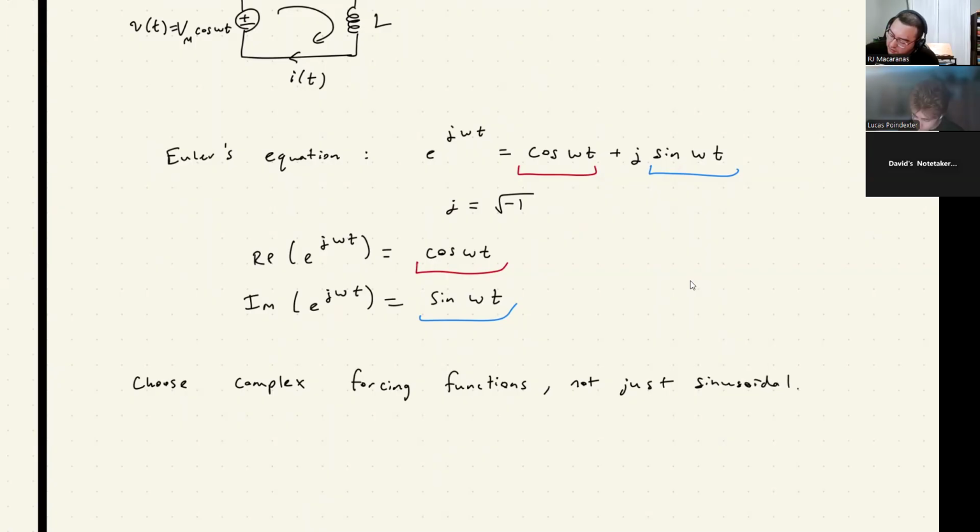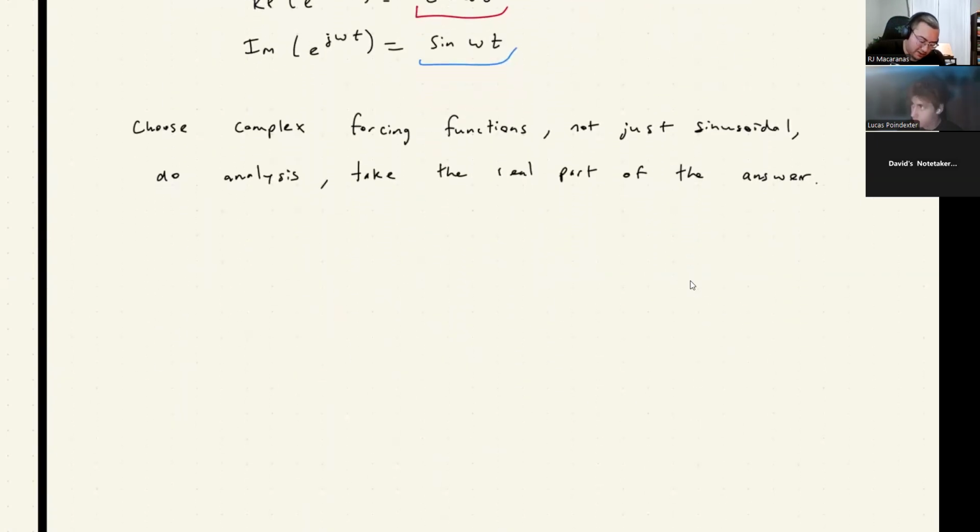And then we'll do our analysis and then take the real part of the answer. And so we'll look at what this looks like in practice. So I do want to jump into an example here that they've got.